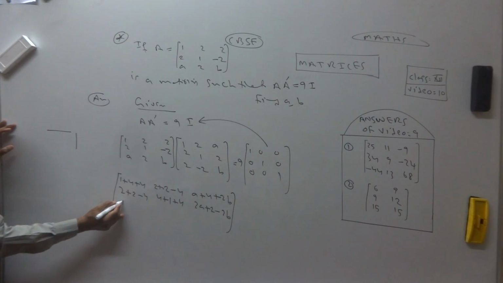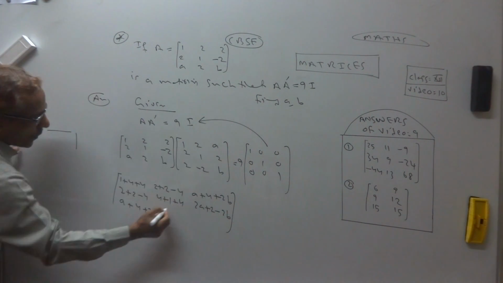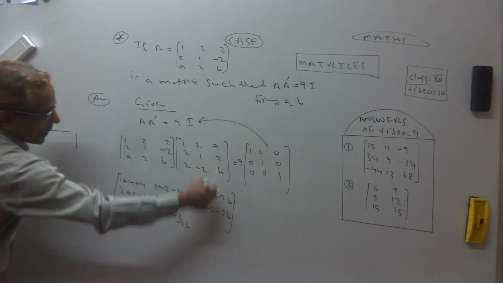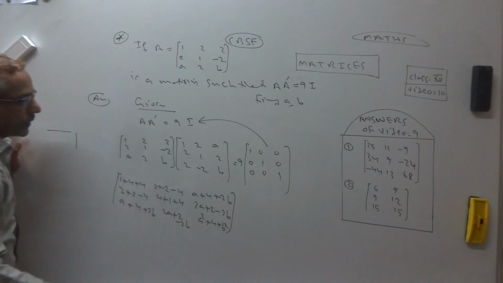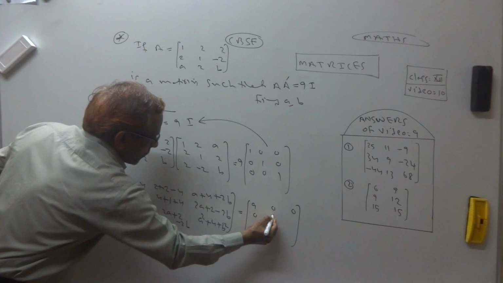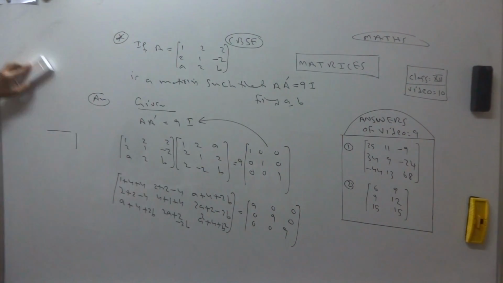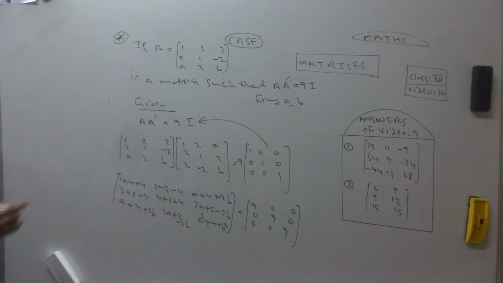This row, this column: A square plus 4 plus B square is equal to 9 0 0, 0 9 0, 0 0 9.